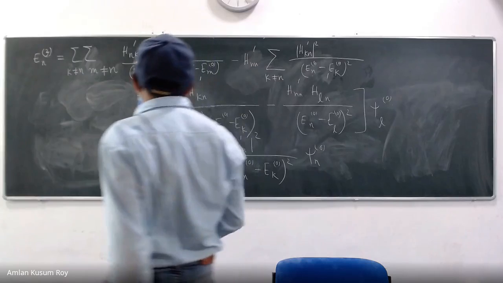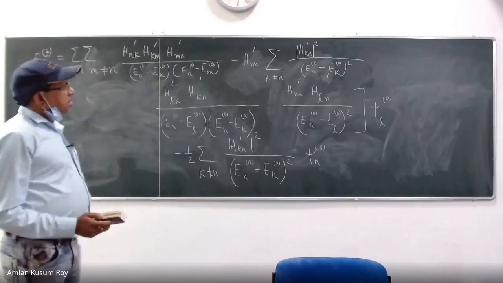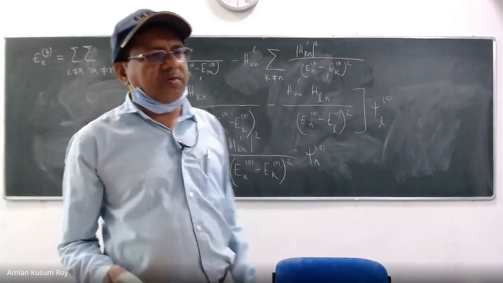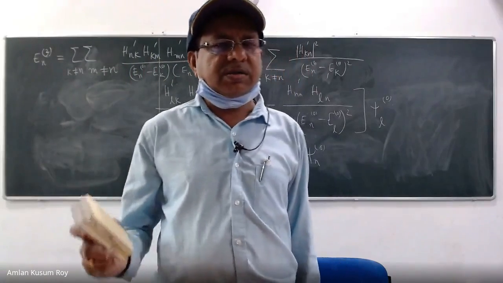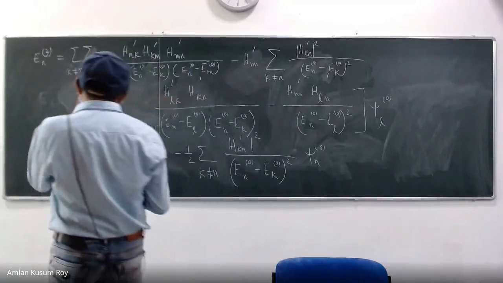Okay, so what are the l's in the psi n2? Did you understand in the first order why k is not equal to n? Yes, sir, because k's are the higher energy states and n's are the ground states.